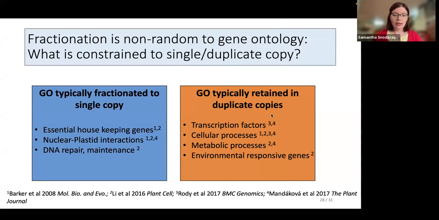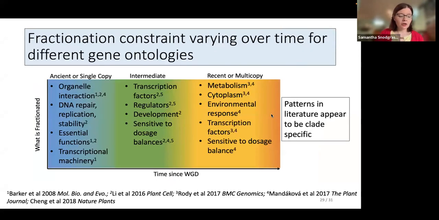neo-functionalization. We can think about this also on more of a spectrum of time since that whole genome duplication event, where you have things that are immediately fractionated to single copy, very, very quick. These are old, ancient fractionation events.